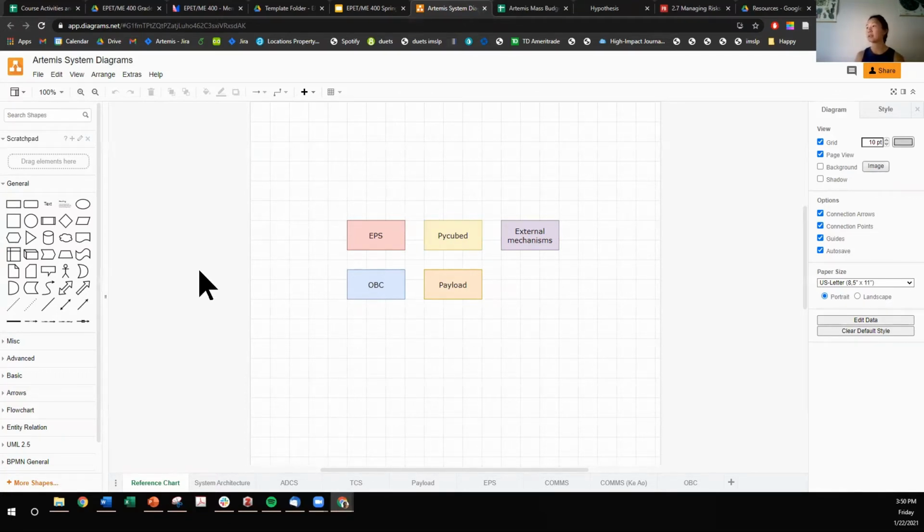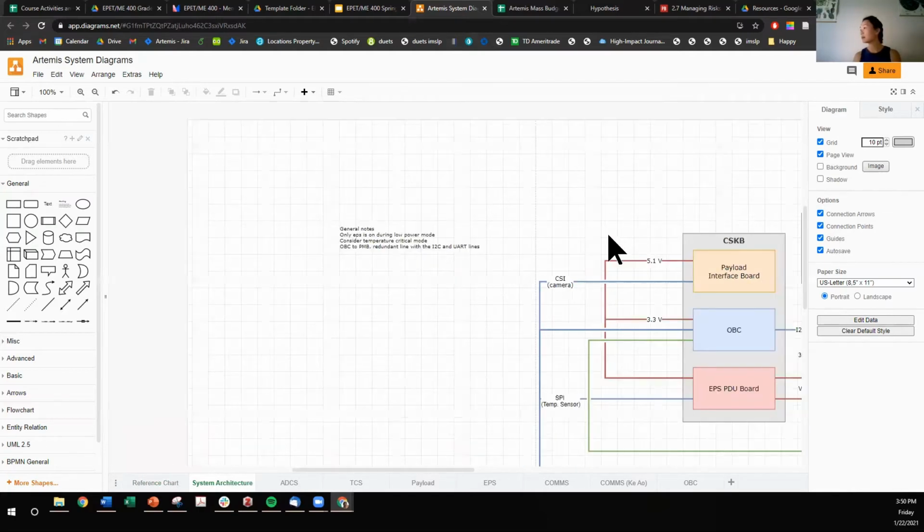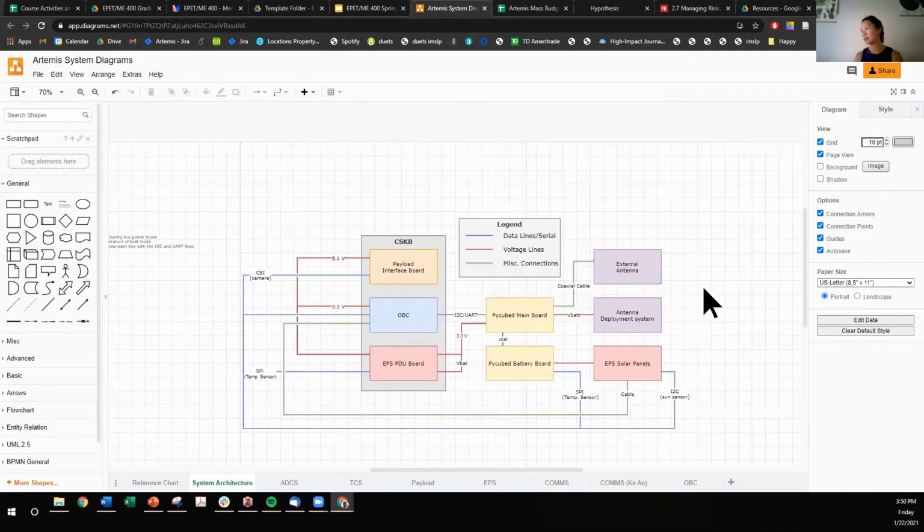Anyway, system diagrams are ways of representing the relationship between subsystems, or a way of showing a system architecture at different levels.